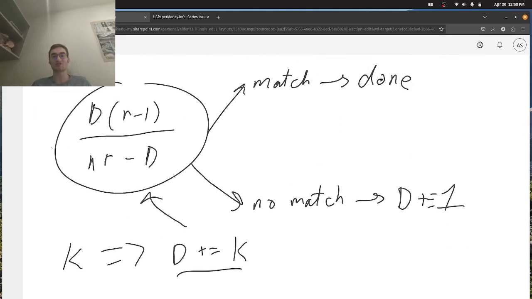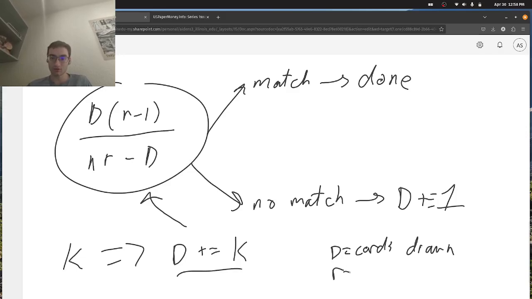The whole simulation can come down to this picture, where D is the number of cards drawn, R is the number of copies per serial number, and N is the number of unique serial numbers.